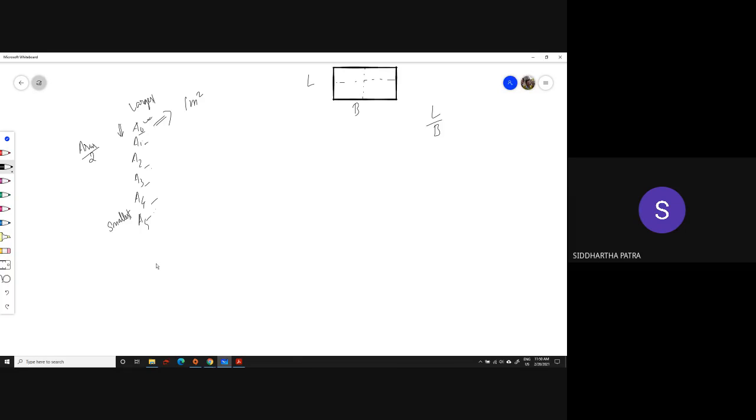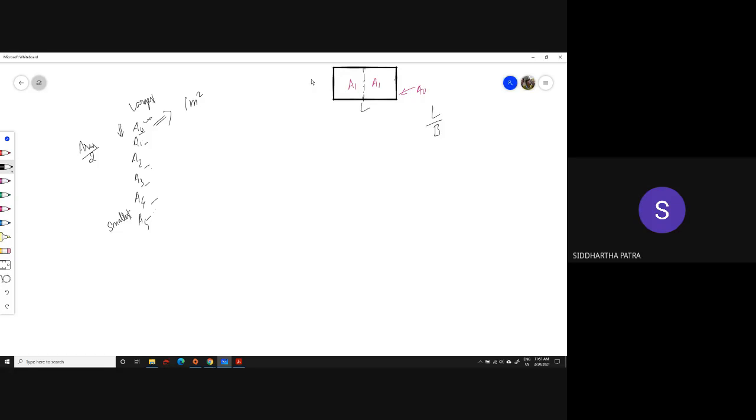Which means when I do the first fold, I'm basically dividing the length into half. So if this whole sheet is A0, then each half is A1. Sorry, I should be dividing the length.